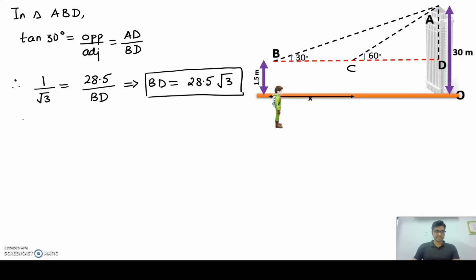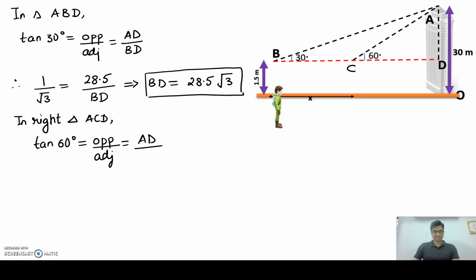This is our BD. Similarly, in right triangle ACD, now this time we are going to use tan 60. The rule remains the same, the formula, that is opposite upon adjacent. Opposite is again AD, and this time we have CD over here.